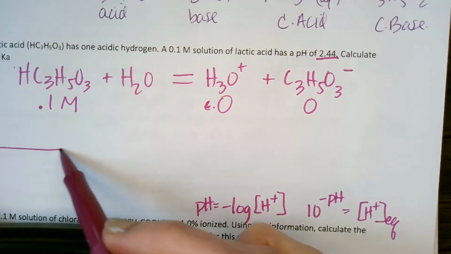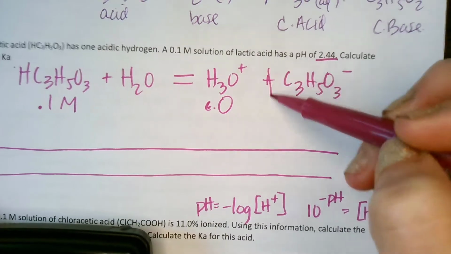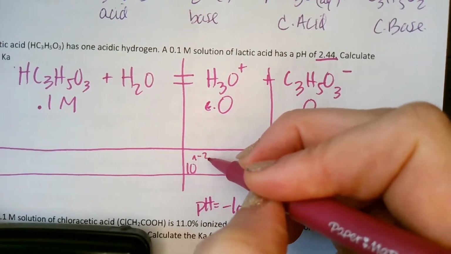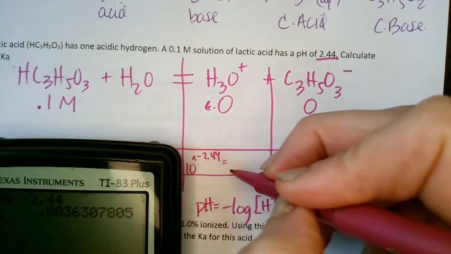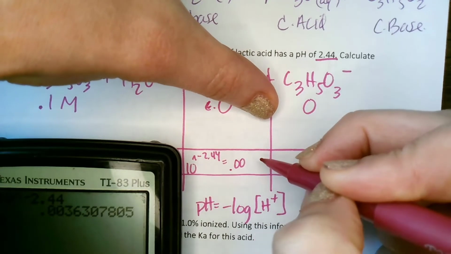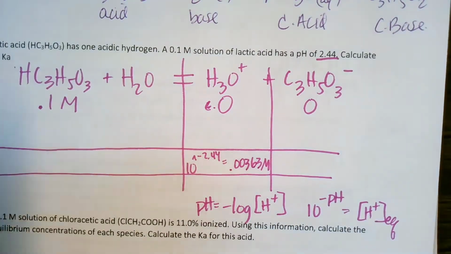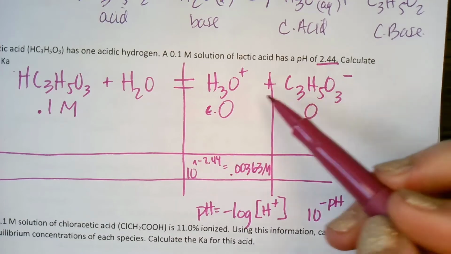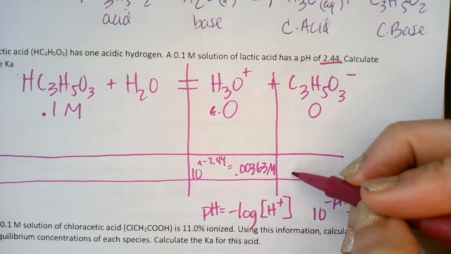Let's form some lines. So 10 to the negative 2.44 is equal to 0.00363 molarity. And we also know that because of our stoichiometric ratios, we have a 1-to-1 ratio here. That's also the concentration of my conjugate base.